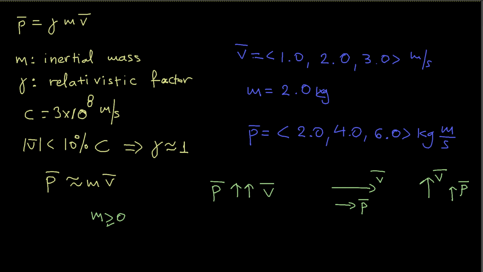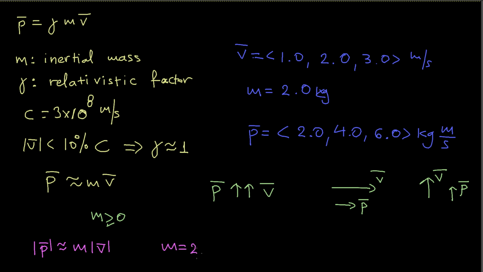Now, from this expression, I can also write that the magnitude of momentum is approximately equal to the mass times the magnitude of velocity, which is the speed. Okay, so if I give you a mass of 2 and the speed of 2 meters per second, then the magnitude of momentum is going to be 4. Now, let me write this.